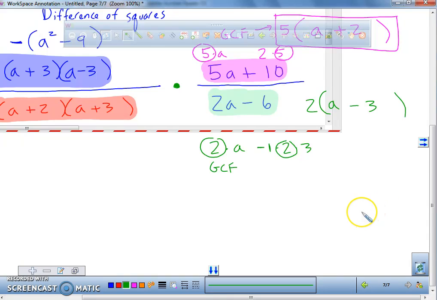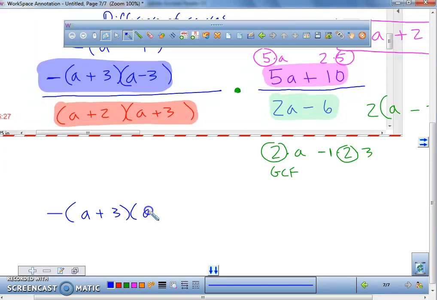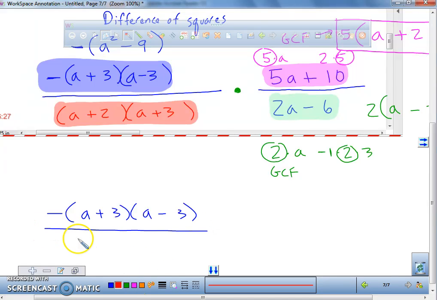So now, everybody, I'm going to write down everything that we have, and I'm going to pause the video so you guys can see everything. Here we go. In the numerator, I have a plus 3, a minus 3, over, in the denominator, a plus 2 times a plus 3. Then I have a multiplication symbol right here.